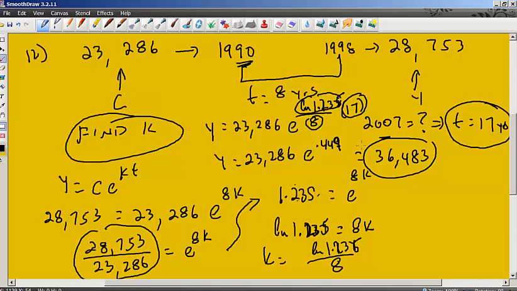Did that round to 0.449? What did you get? 0.44. What did you get? 812. So you just want me to change that to 8.